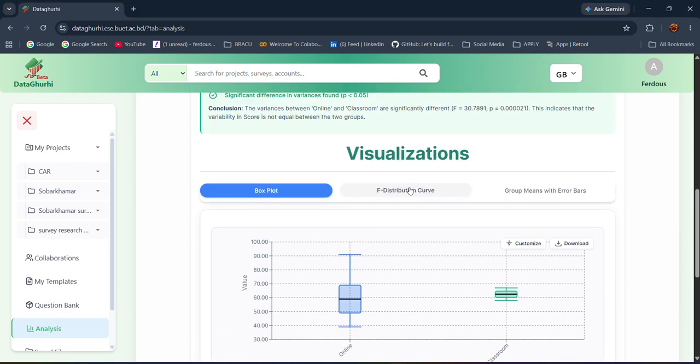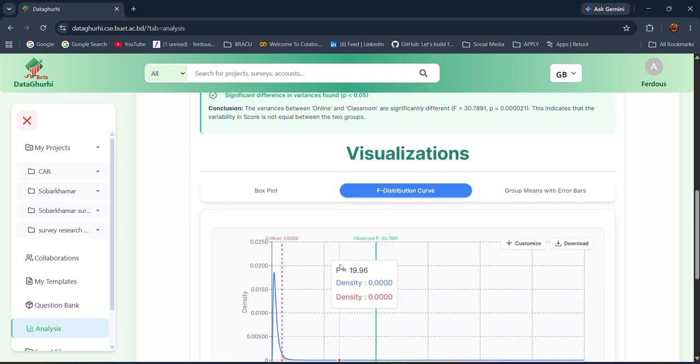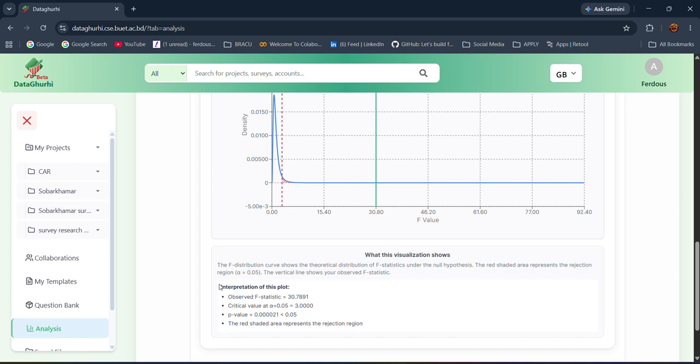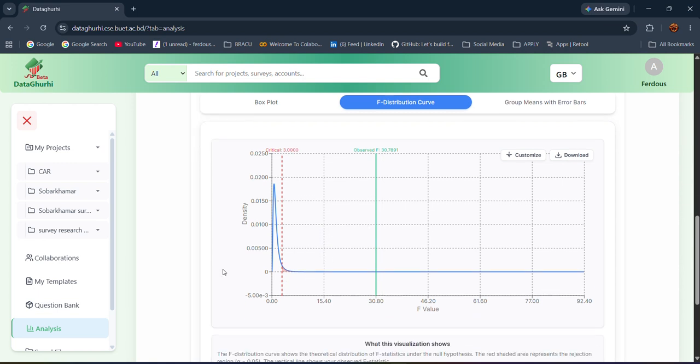F distribution curve visualizes the statistical test F-test itself. Observed value, and here's the interpretations. The curve shows the distribution of F values that would be expected if the variances were actually equal.